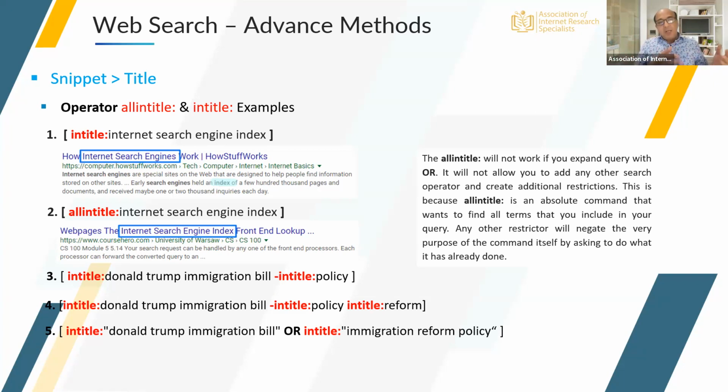So it is in that sense less flexible. And in the case of in title, because it is more flexible and it will work really nicely with every other snippet related operator specifically, it is given more of a preference when you are creating your search queries.